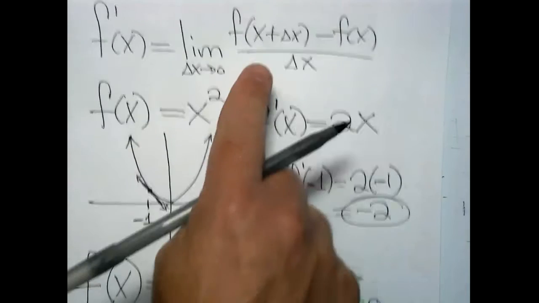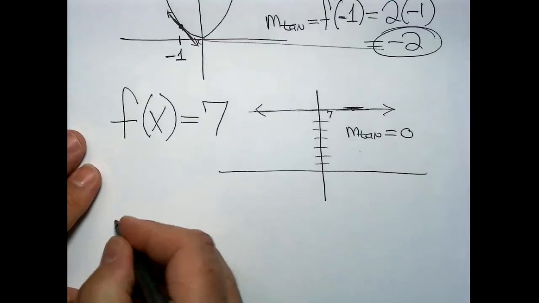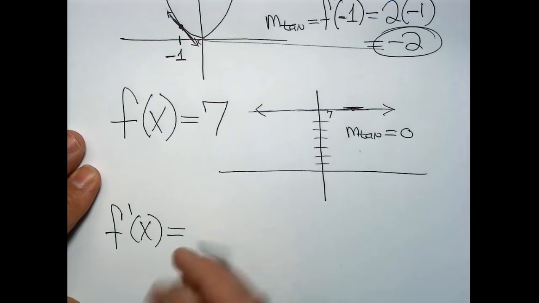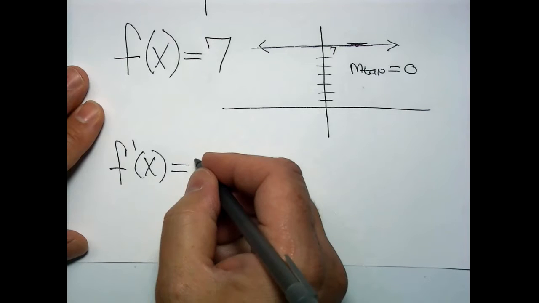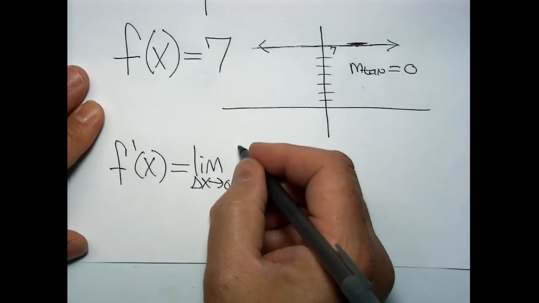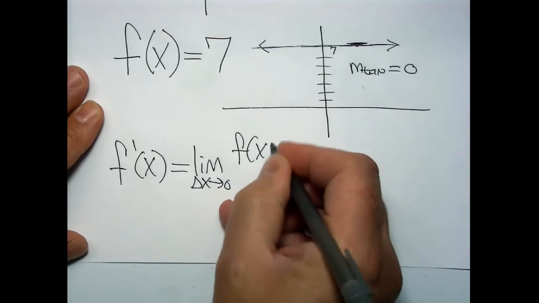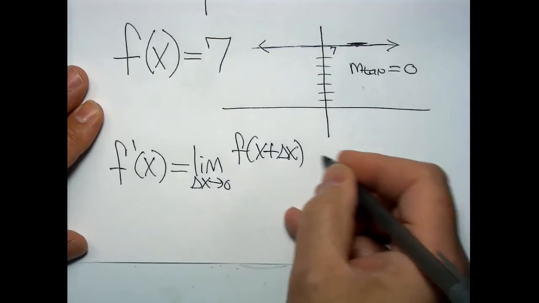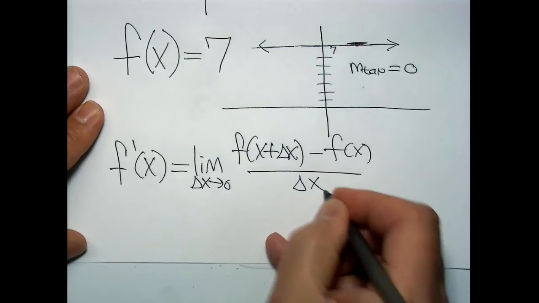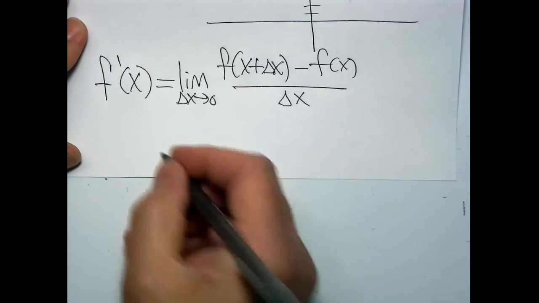Let's use this formula up here to verify that. Now, f prime better be just 0 for all x's. And let's try it. So limit as delta x approaches 0 of f of x plus delta x, don't plug it in just yet, minus f of x, all over delta x. Okay, let's see what we get on that.